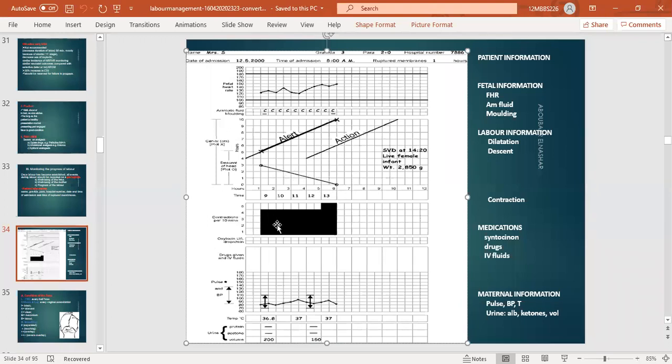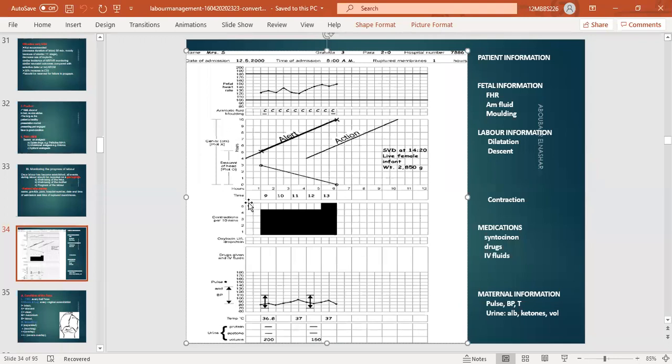Then there is another column. This column is for the uterine contractions. As we discussed, we draw the uterine contractions. This completely bold one indicates that there are four uterine contractions. These columns are for the number of uterine contractions: one, two, three, four, five.